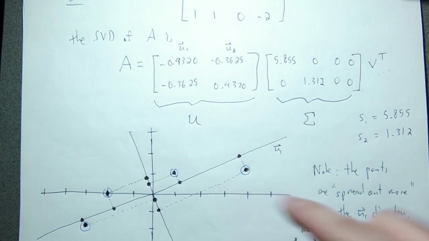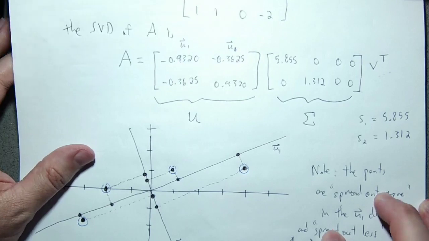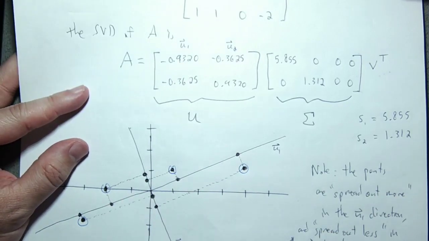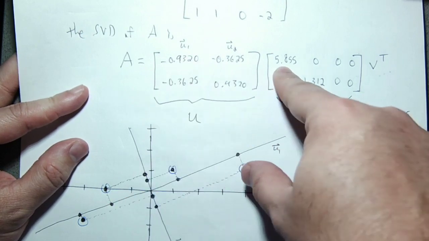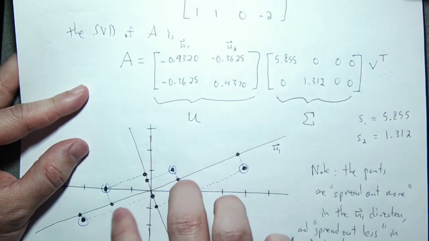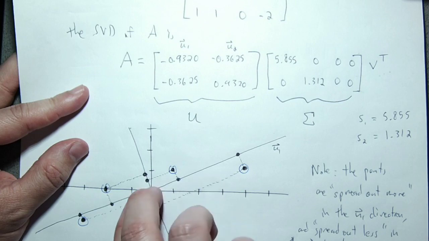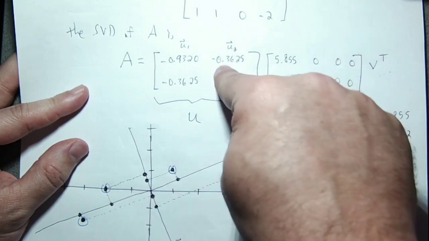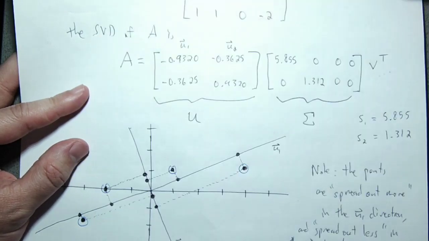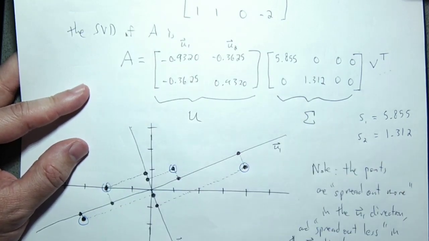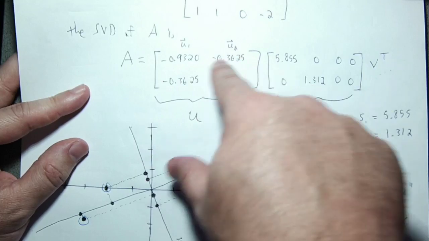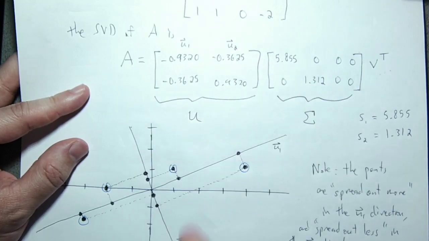Like I said, I'll be returning to this picture. The intuitive idea was that this U sub 1, the vector associated to the largest singular value, is telling you the direction in which the data is the most spread out. Say this were a larger matrix, so that you had more of these vectors U sub i.